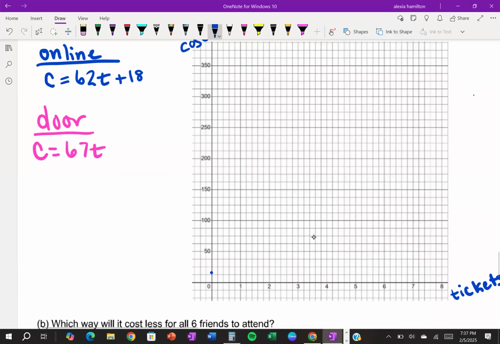All right, so it's somewhere in between. These are not going to be perfect graphs, because I gave you a really wonky scale factor to work with.